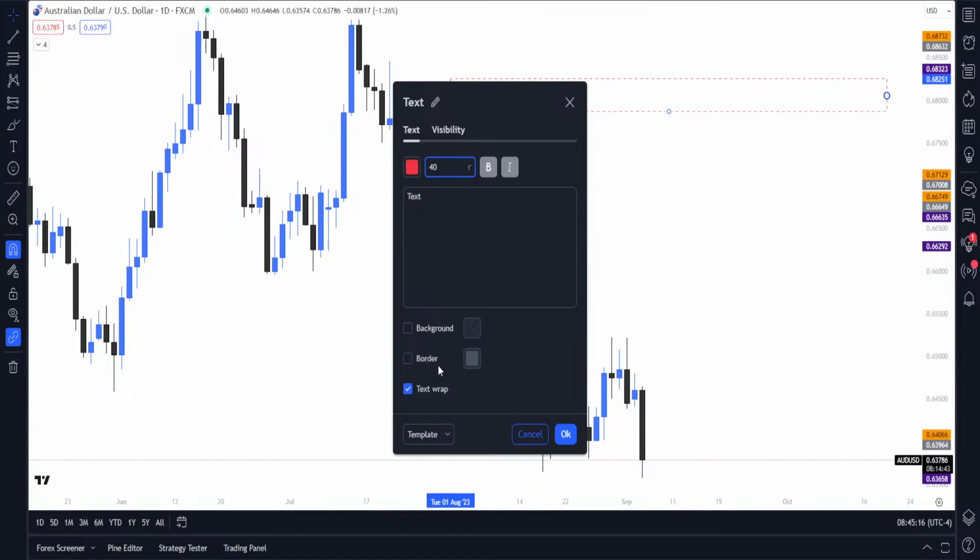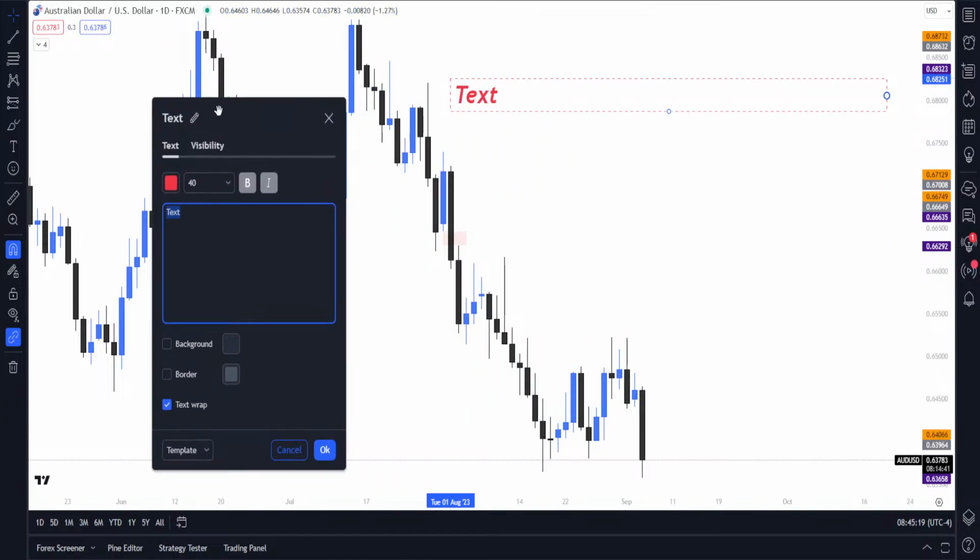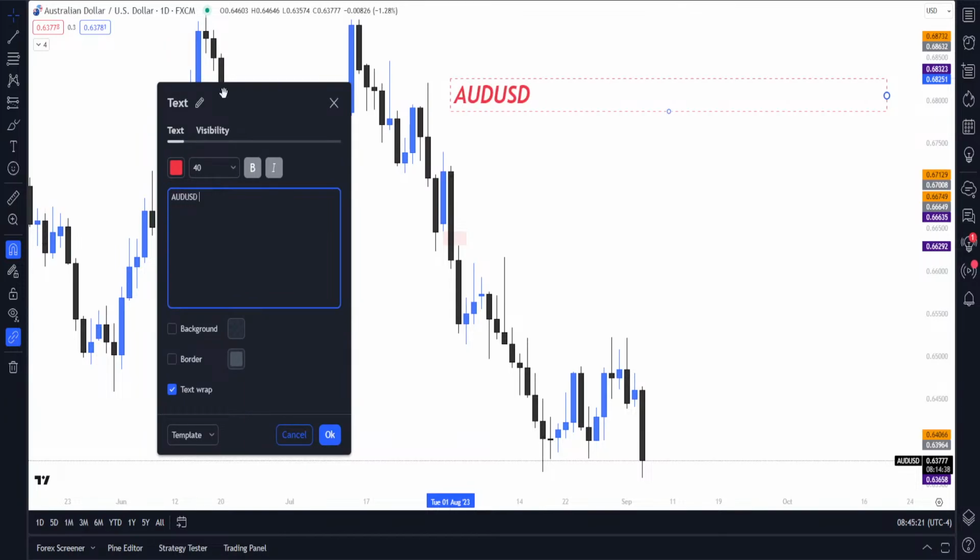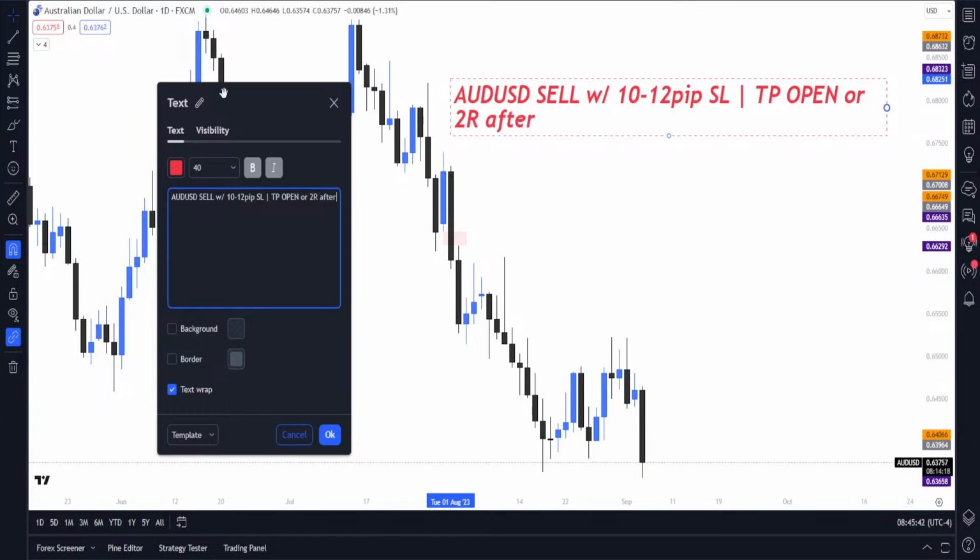Okay, so here's what we're going to do. AUD USD sell, with a 10 to 12 pip stop loss. Okay, I'll explain what this means after.